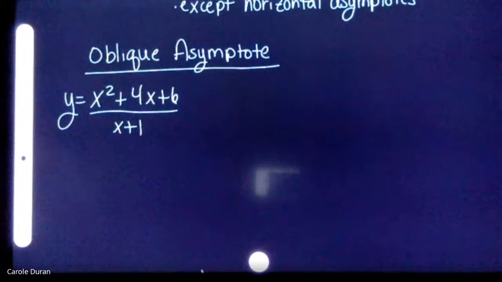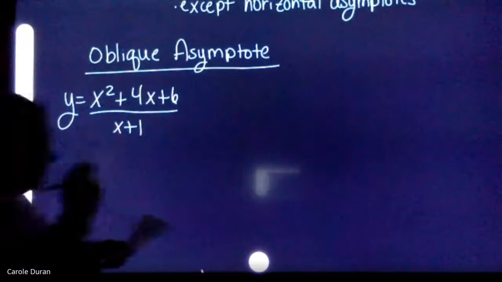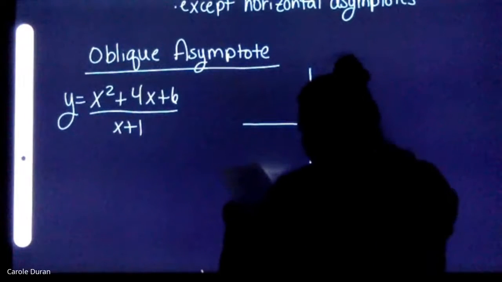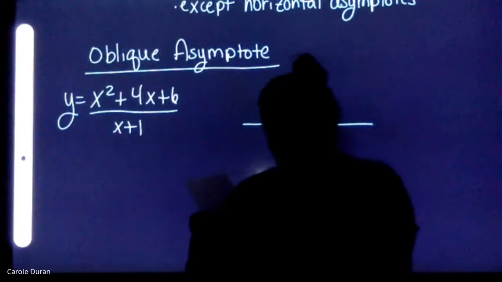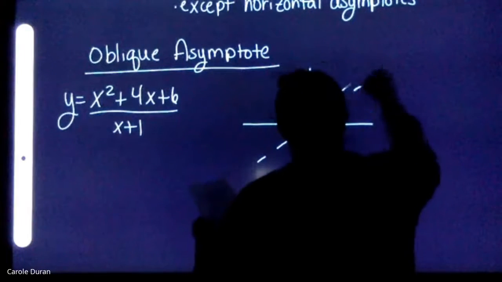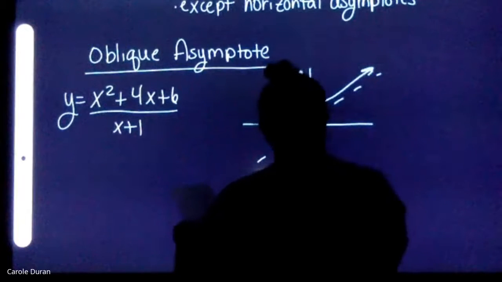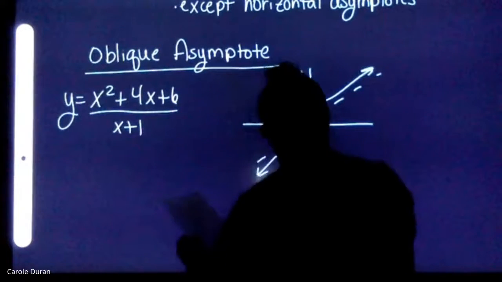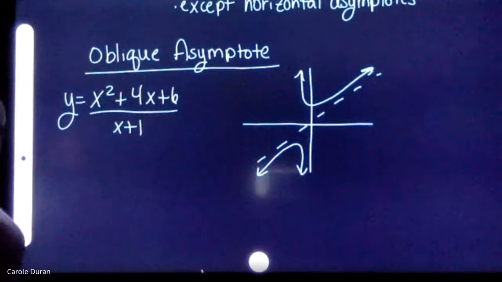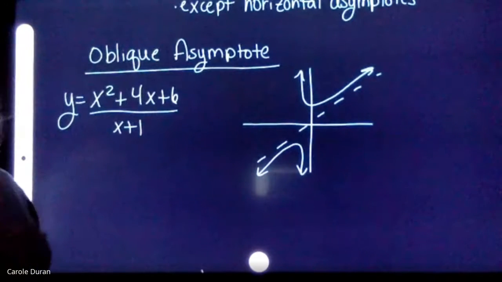So here is a rational function that's going to have an oblique asymptote. And when I graph it, this is what an oblique looks like. Jeez, if I can draw this. It is literally a diagonal asymptote.